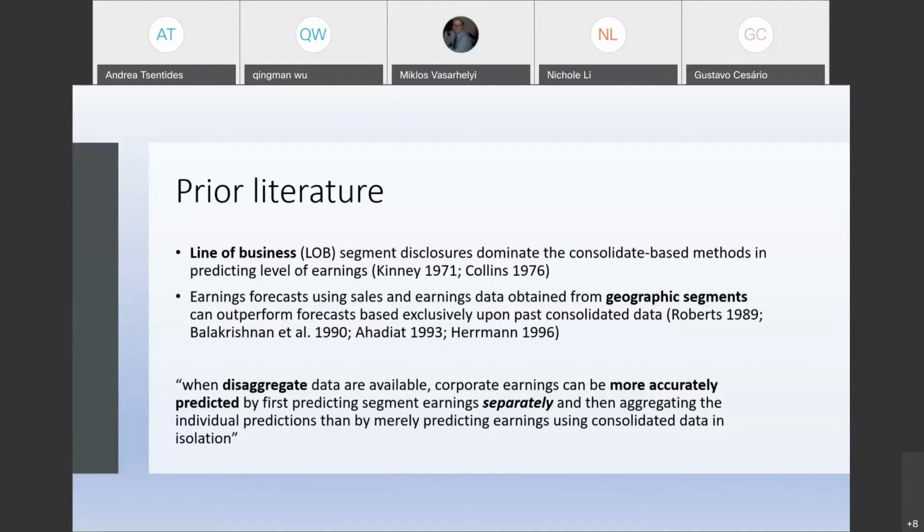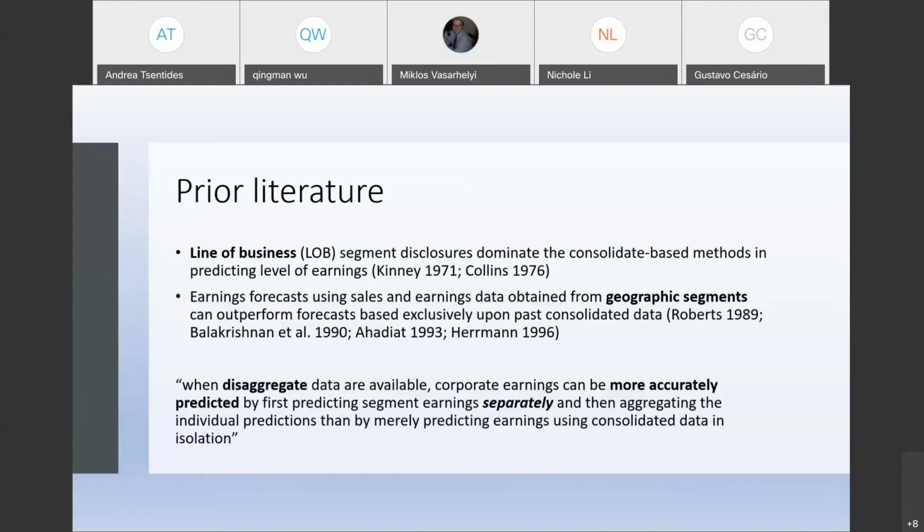Kinney and Collins in the 70s did some line of business disclosure studies that showed that basically line of business analytics were better at predicting the level of earnings. And then there's some studies that were done using geographic segments, which again showed that those were better at predicting the forecast than using consolidated data.